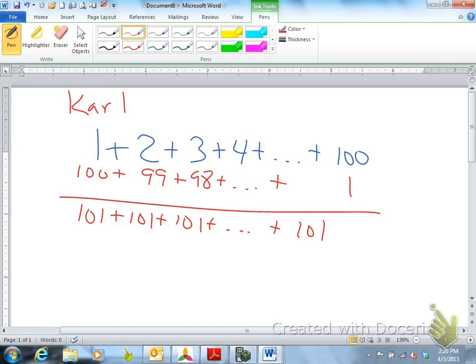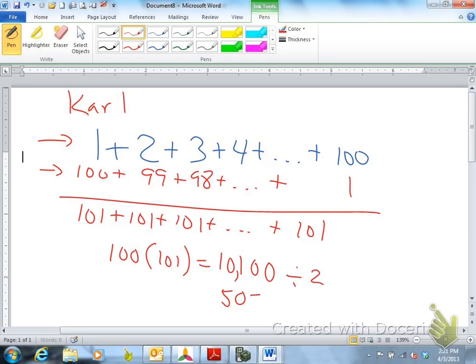Specifically, I would have 100 times 101, which is 101 with 00 at the end. But I doubled the sum, so you divide by 2, and that would be the sum of the first 100 numbers. So then you divide by 2, you get 5,050. That would be the sum of the first 100 numbers.